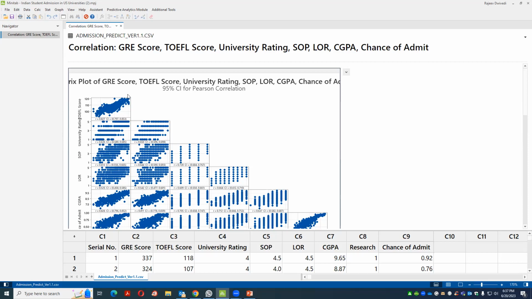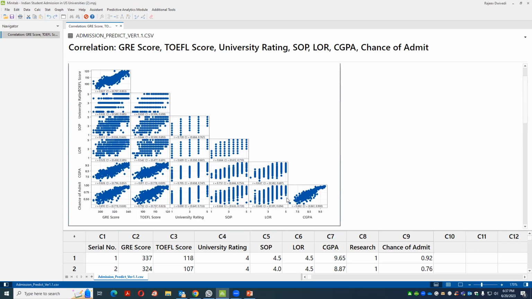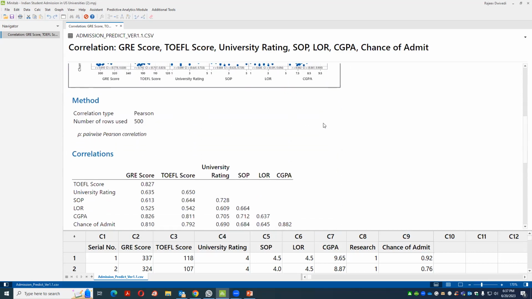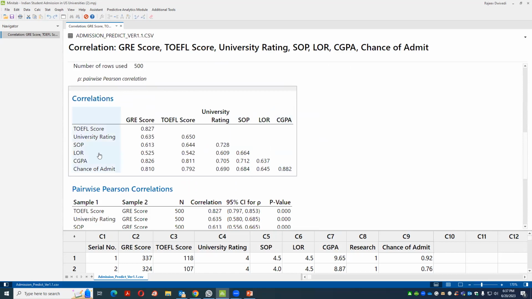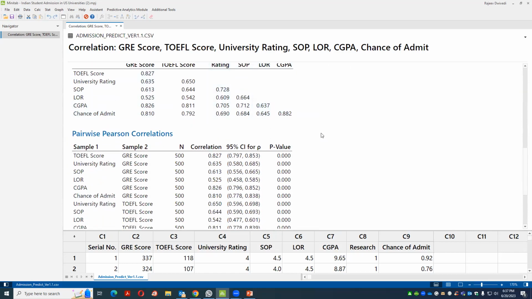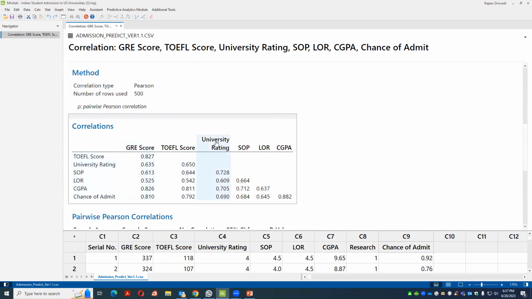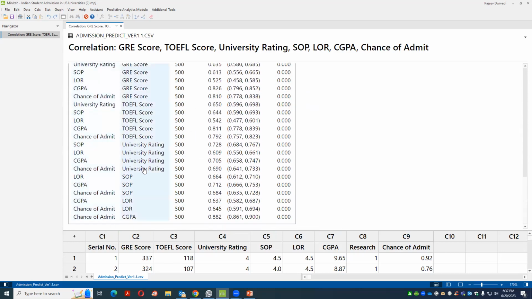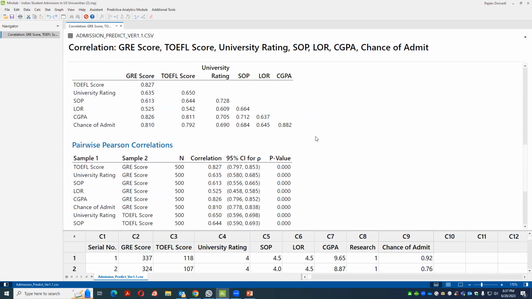The first one, and a few others, you can say this is also positive, this is positive, this is positive, but for the others I'm not able to understand the pattern. Even a matrix cannot give you a clear understanding. Now let's come to the pairwise correlation.